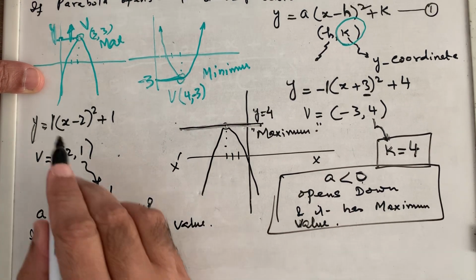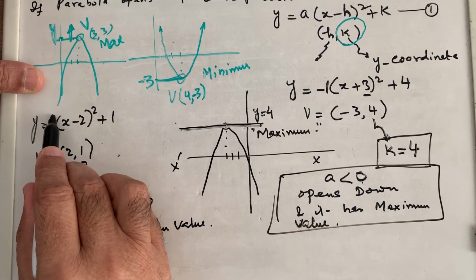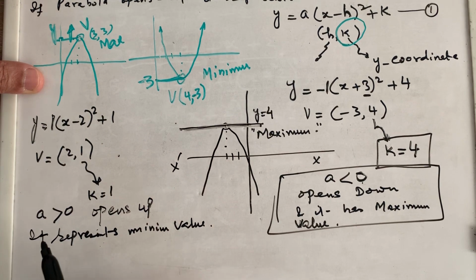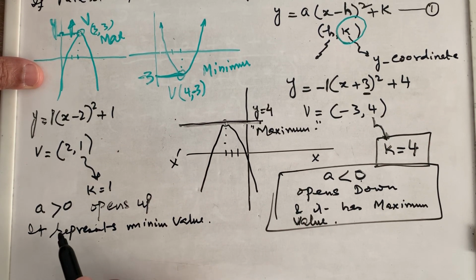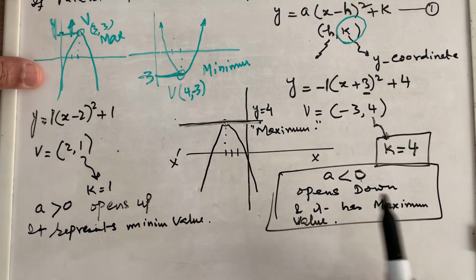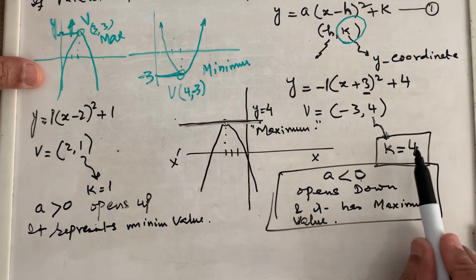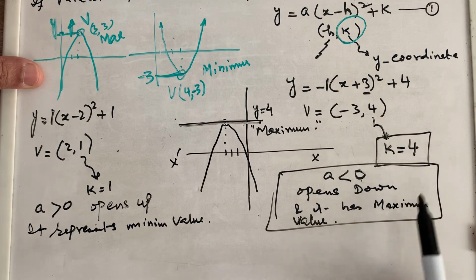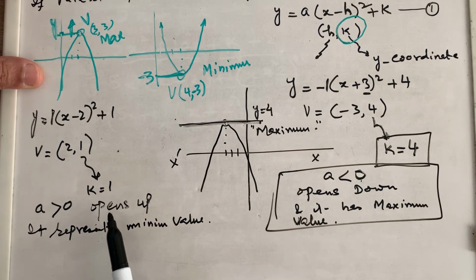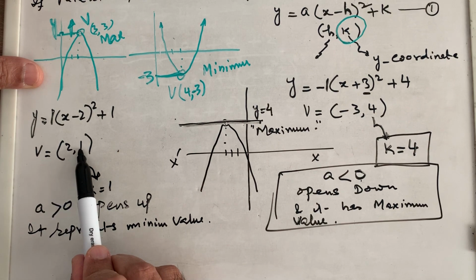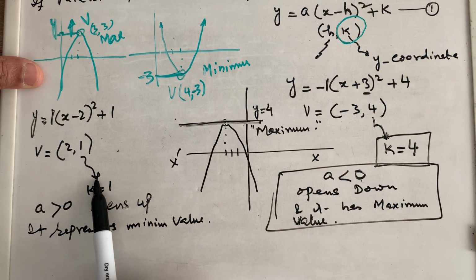So whenever you see the equation in the vertex form, you have to see what a is, and a will determine whether it opens up or opens down. So if it opens down, the vertex k value represents the maximum value. If it opens up, then the y coordinate or the k value determines the minimum value, right?